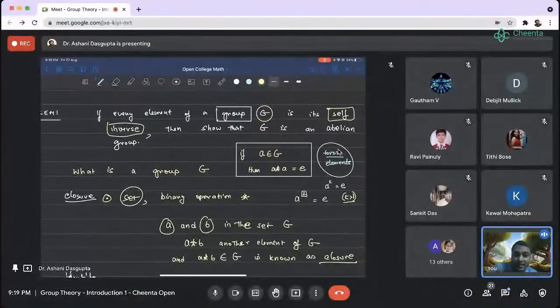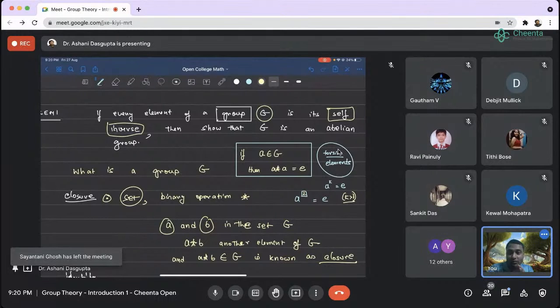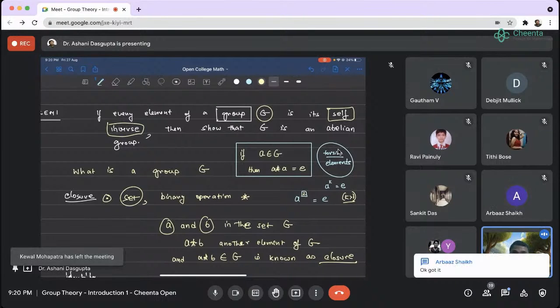The problem says that every element of the group G in this particular case is self inverse, not always. And with that condition given, we want to show that G is an abelian group.